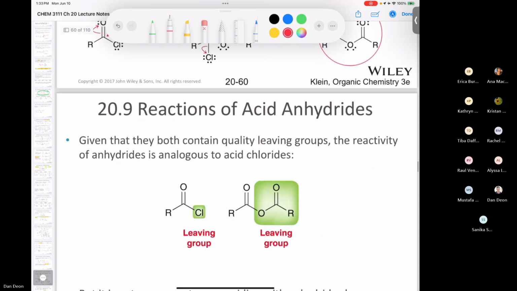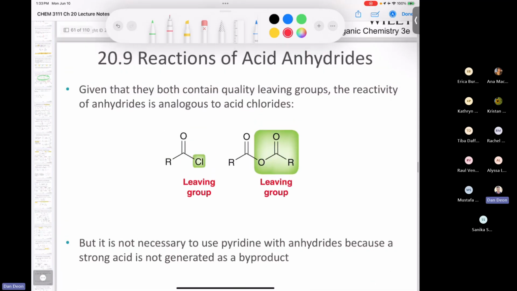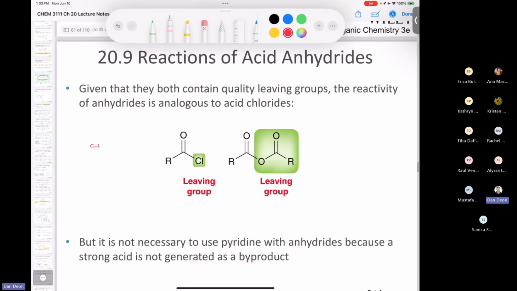Okay. So now, like I was trying to tell you before, the leaving group in an acid chloride is chloride, which is the conjugate base of a strong acid, okay?